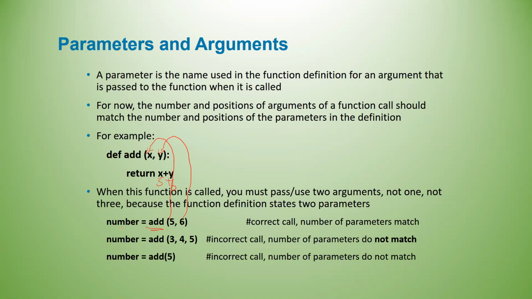So number will have the value of 11. So after this call, remember this says return, right? It returns the value back to whoever is calling it. So it replaces this function call with the value. So the value is 11. Okay, any questions?